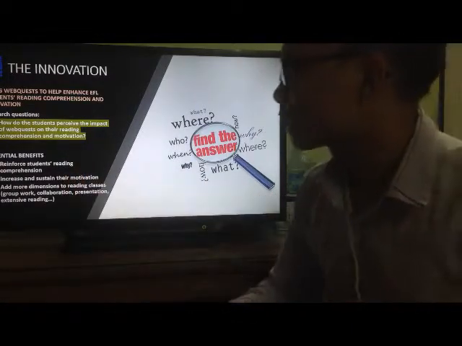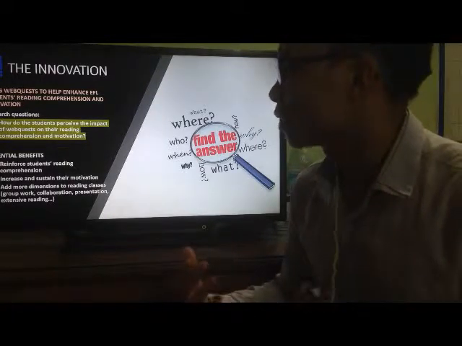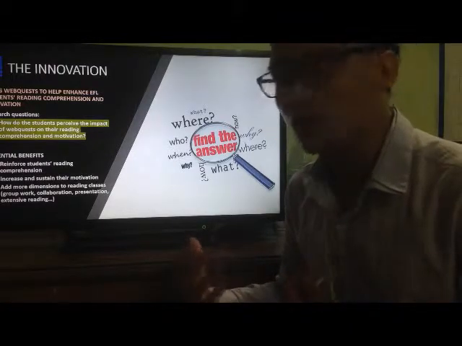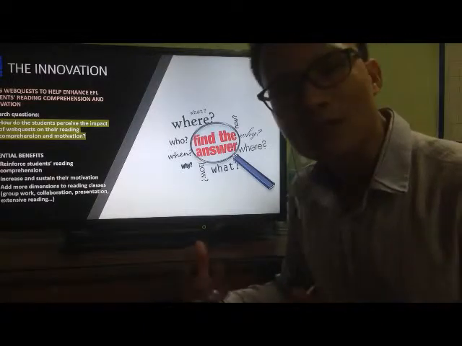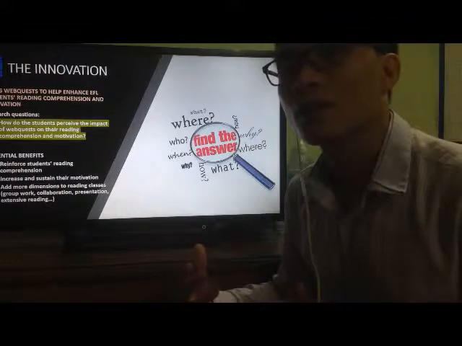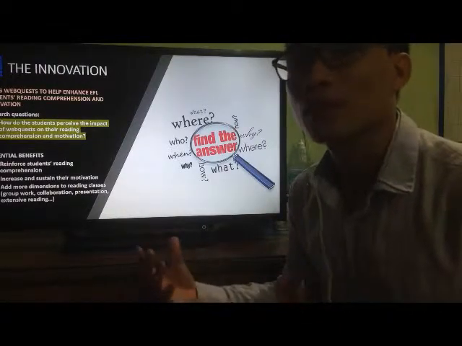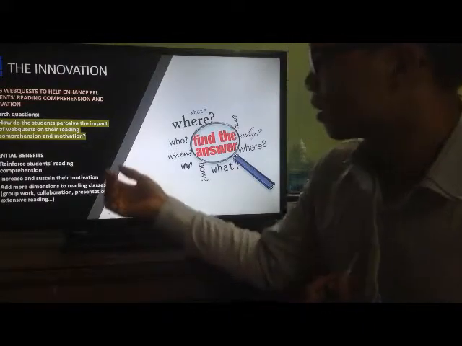The next benefit the innovation promises is an increase and a sustained motivation for reading. This is because the innovation is going to expose the learners to a lot of authentic online resources, and also give them choices over what they should read and can read.